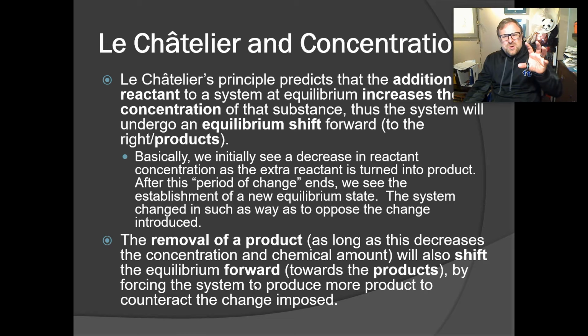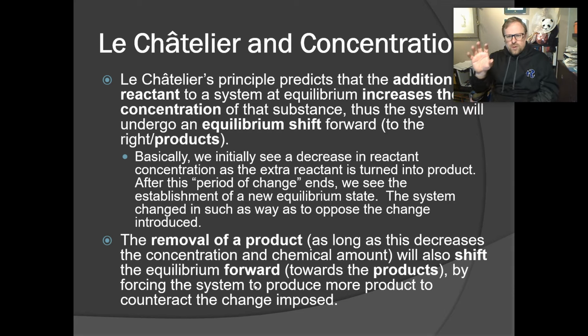We can mess with reactants and products concentrations in a bunch of different ways. So we could add more reactant, which is going to shift the reaction to the right as it consumes the extra reactant to make products. We could remove reactant, which is going to shift the reaction to the reactant side, to make more reactant to oppose that change.